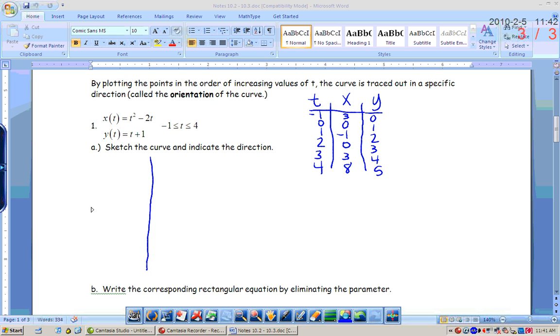So we're going to plot just the x and the y values in ascending order of t. As t increases, we plot the x and y coordinates. So we're starting with the point 3, 0. And then we're going to go to 0, 1. And negative 1, 2.